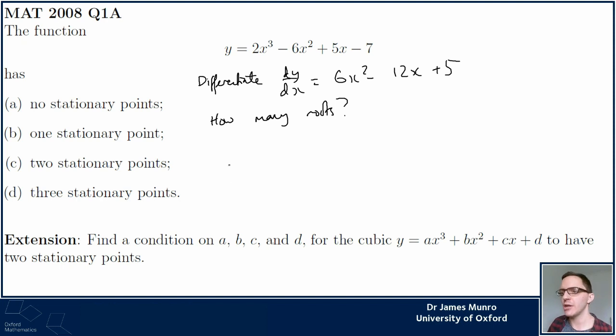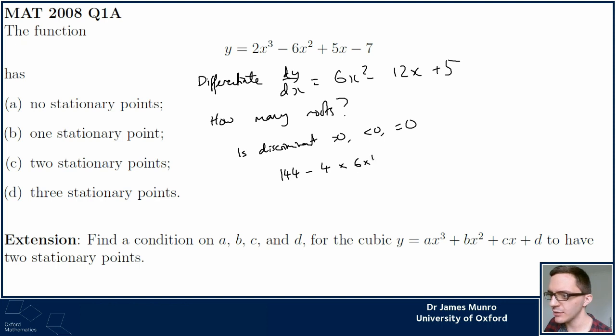So I want to know, is the discriminant of this quadratic positive, negative, equal to 0? And I guess I'm just going to work out the discriminant of this quadratic. So the discriminant here is b squared minus 4ac.